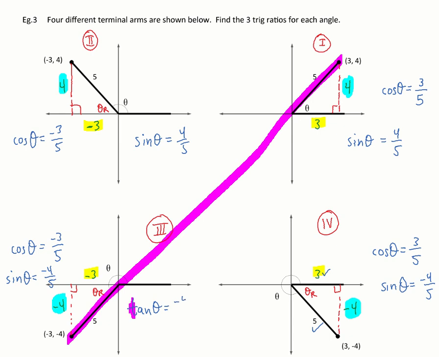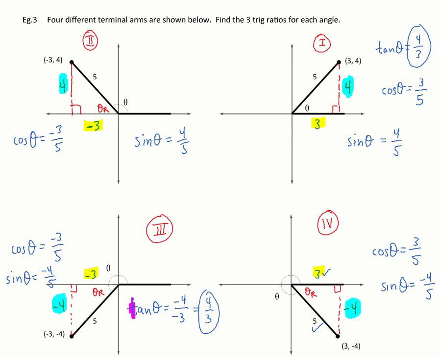So in this case down here, it's negative 4 over negative 3. But since they're both negative, we end up with just a positive fraction. And up here, tan of theta is equal to opposite over adjacent, so they're positive. So when the terminal arm is in a quadrant that has a positive slope, then tan is going to be positive.